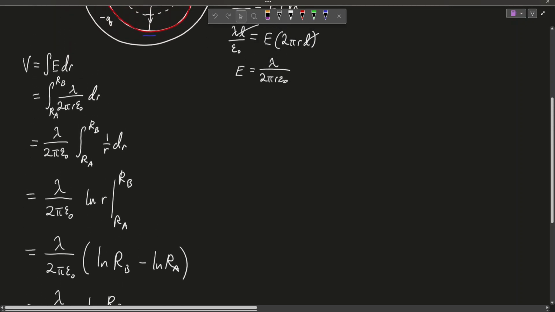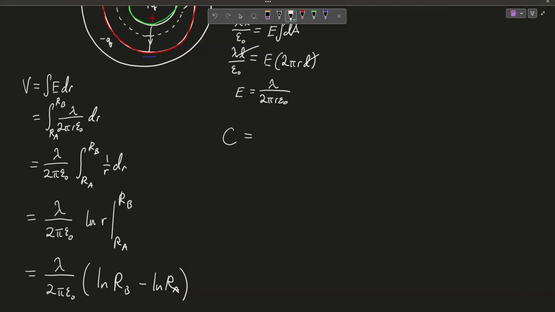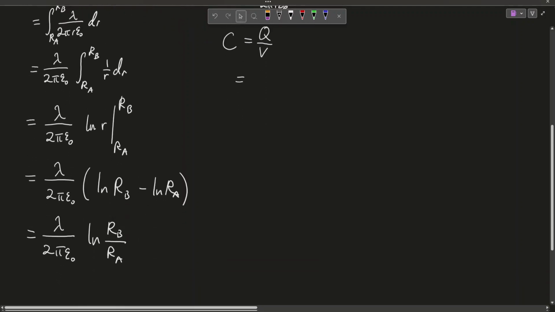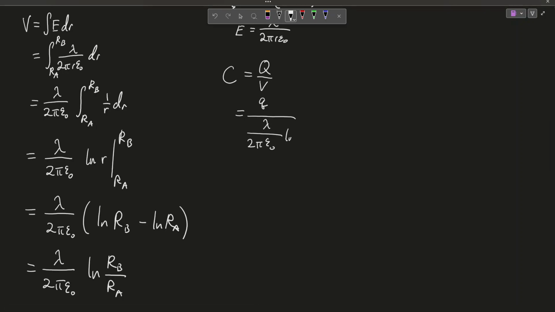Now, last thing we're going to find is the capacitance C, which is, of course, Q over V. So our Q is just the Q we defined from before. And V is, of course, lambda over 2 pi epsilon naught times ln of RB over RA.